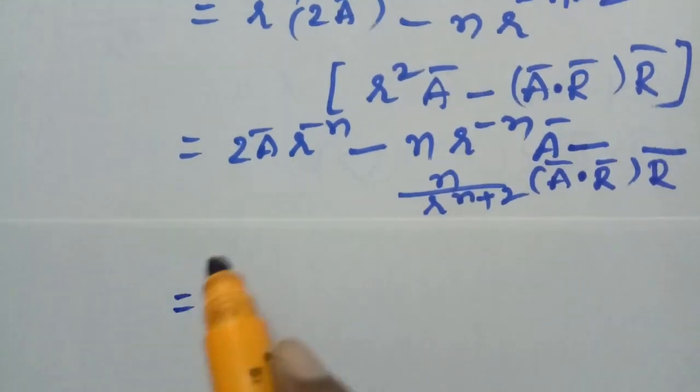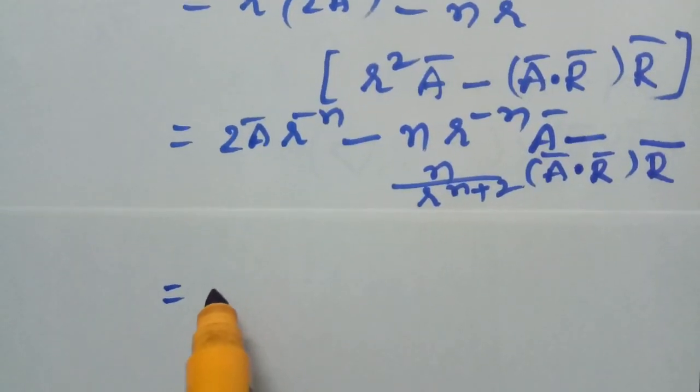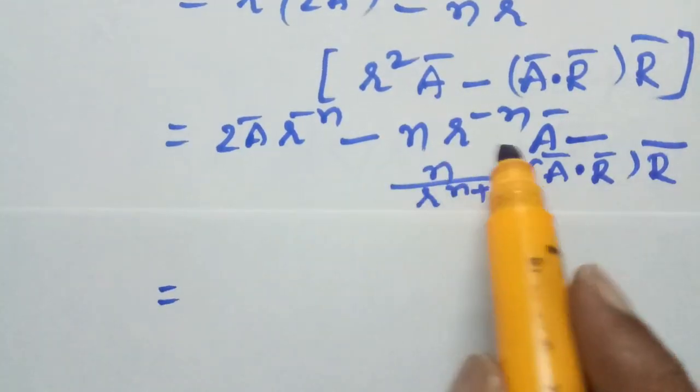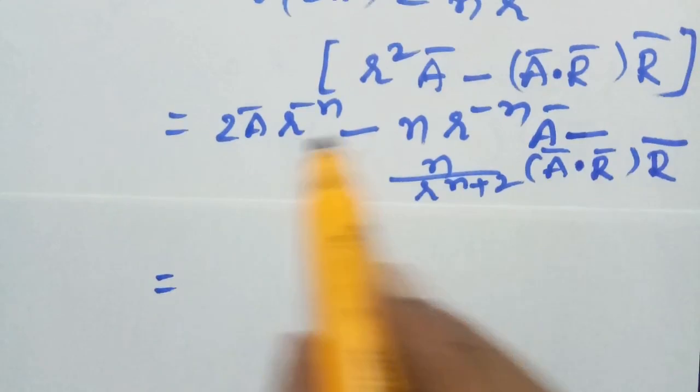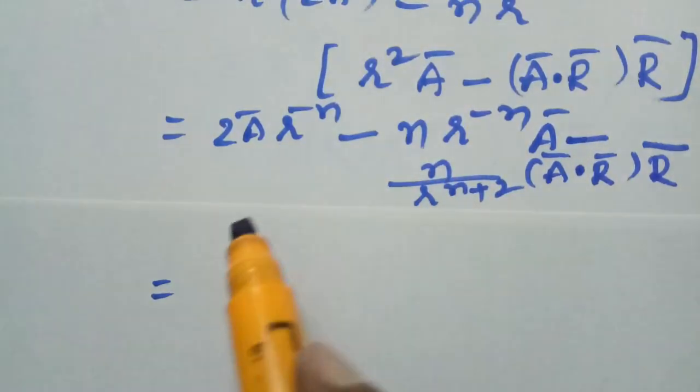This is equal to, now in the first two terms, a bar and r power minus n are common factors.